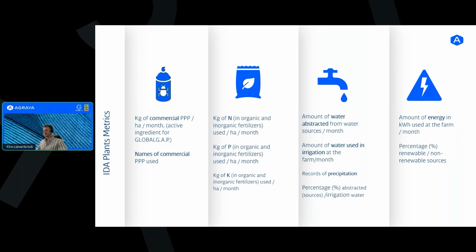Lastly, we are also requiring the producers to share data on energy consumption. This is not exclusively for electricity, but also, for example, for gas, for heating the greenhouses, but also for diesel, for running the machinery, the tractors, and so on.